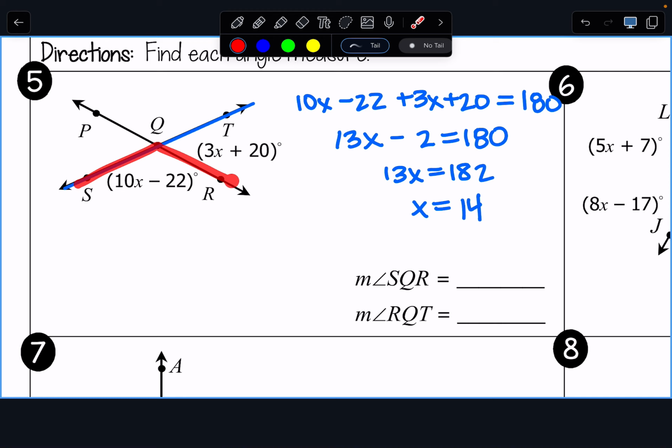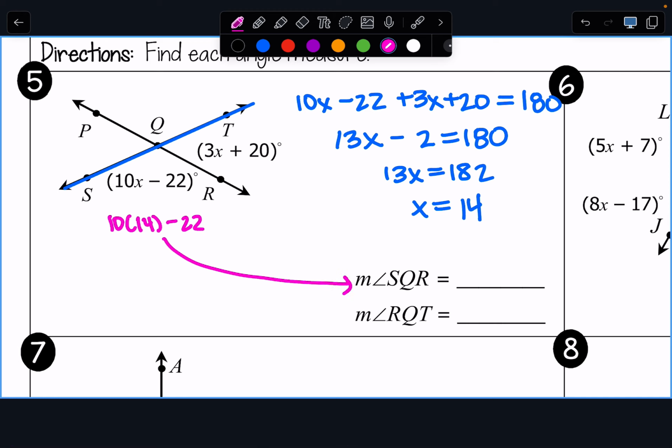So what are we going to have to do with 14? Plug in X. Okay. So 10x minus 22 is what we're going to put right here for SQR. So what's 140 minus 22? 118. Okay.